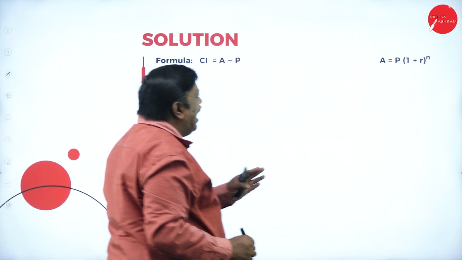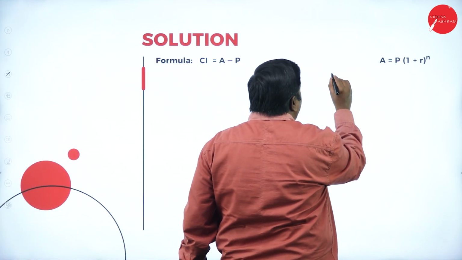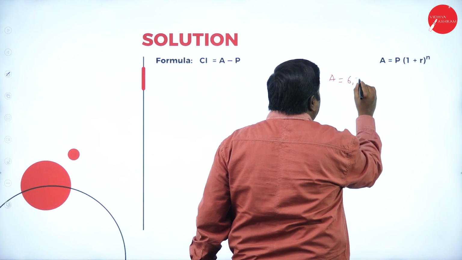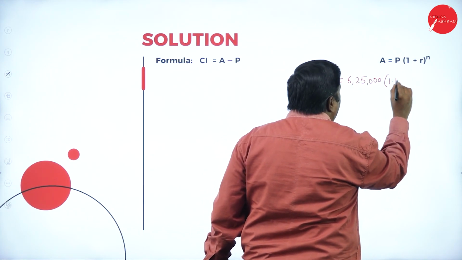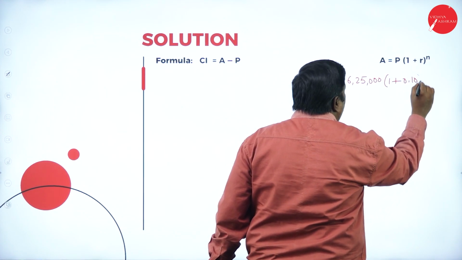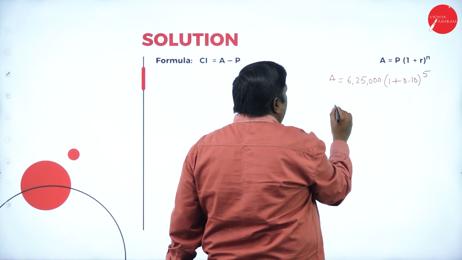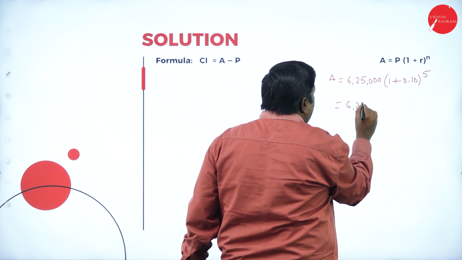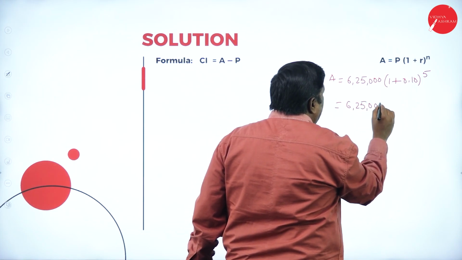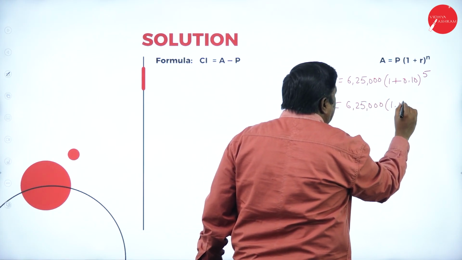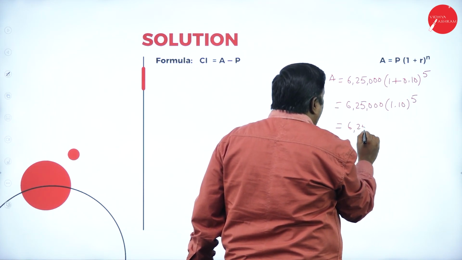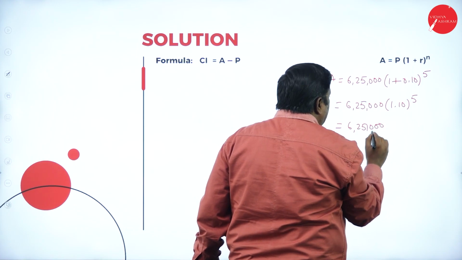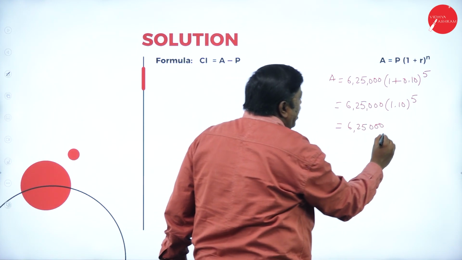So my annuity is equal to 6,25,000 into 1 plus 0.10 to the power of 5, that is 6,25,000 into 1.10 to the power of 5.